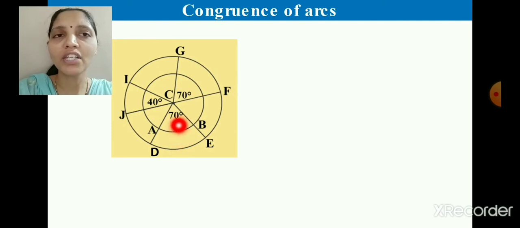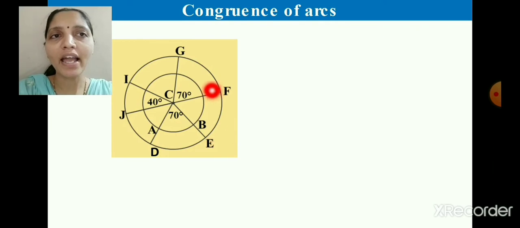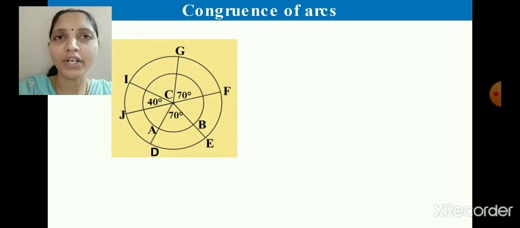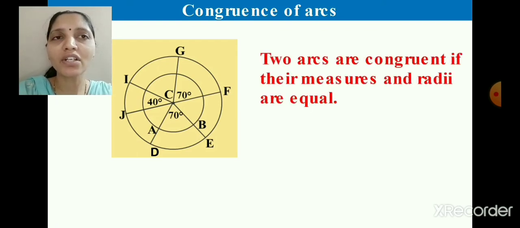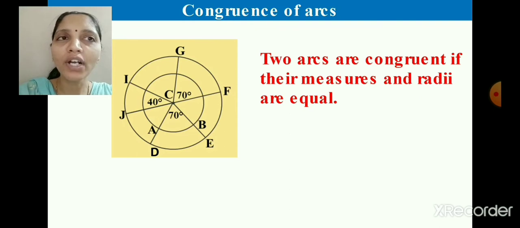So these two arcs are not congruent, but arc DE and arc GF are congruent, because we know that to find out whether any figure is congruent or not, they should coincide with each other. So these two arcs are coinciding with each other, so they are called congruent arcs. So two arcs are congruent if their measures and radii are equal.